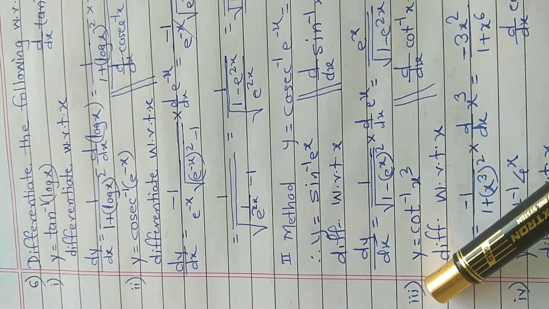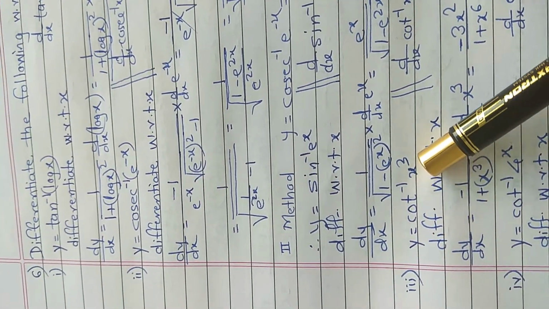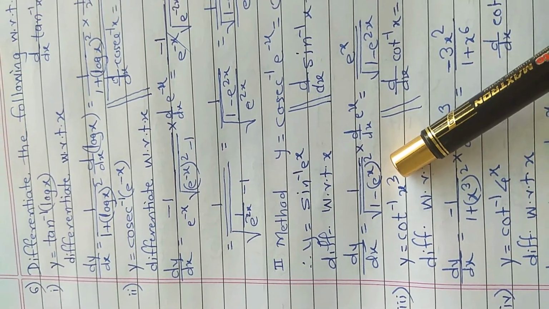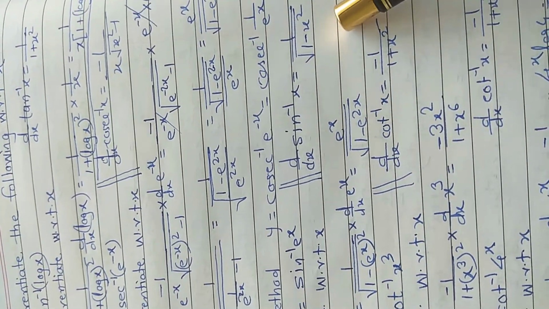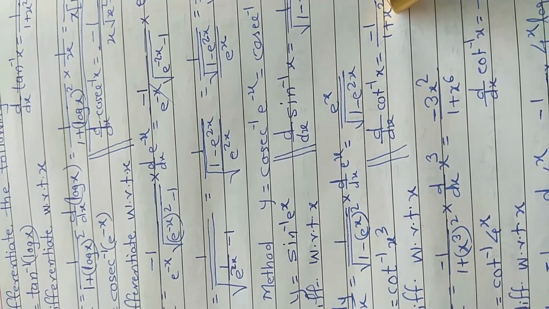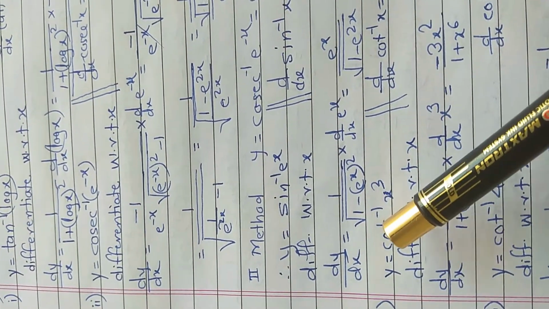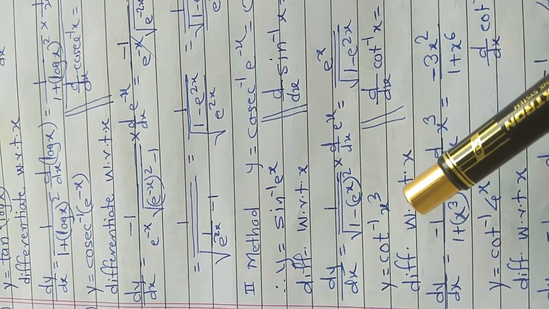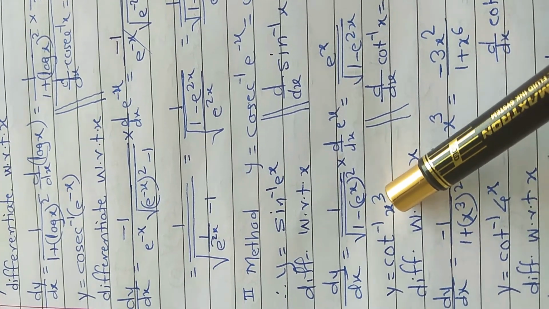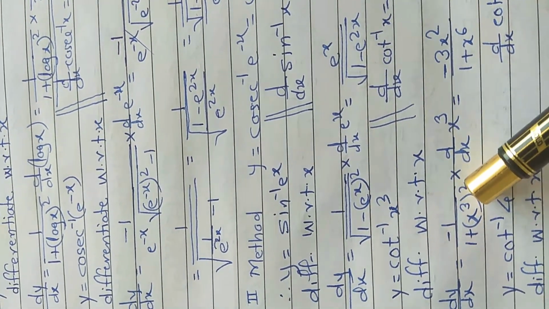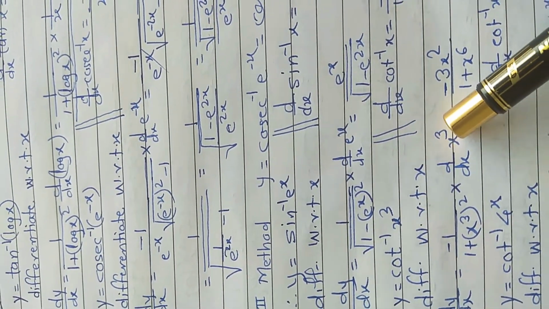Now Roman 3, y equal to cot inverse of x cube. We know that derivative of cot inverse is minus 1 upon 1 plus x square. So derivative of cot inverse of x cube will give you minus 1 upon 1 plus this x cube raised to 2 into derivative of this x cube.